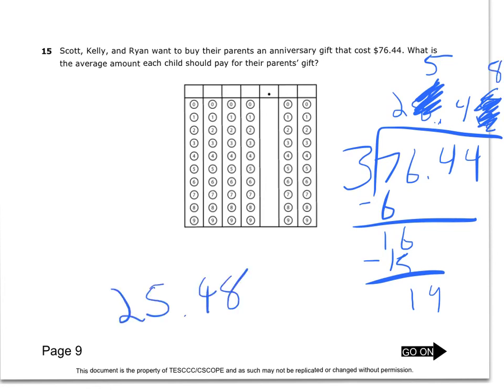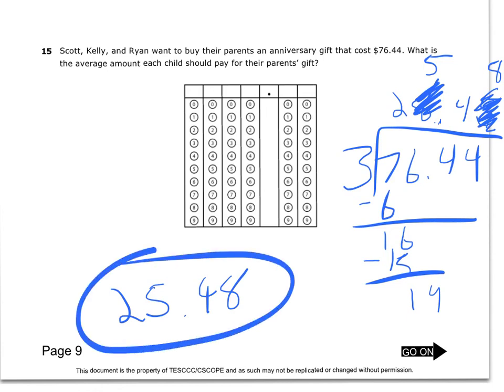Now, if you put 25.48 like this, I'm going to count it wrong. You need to bubble it in and write it. That's where it goes. Guys, on your benchmarks, a lot of people missed problems like this because they somehow couldn't bubble it in.